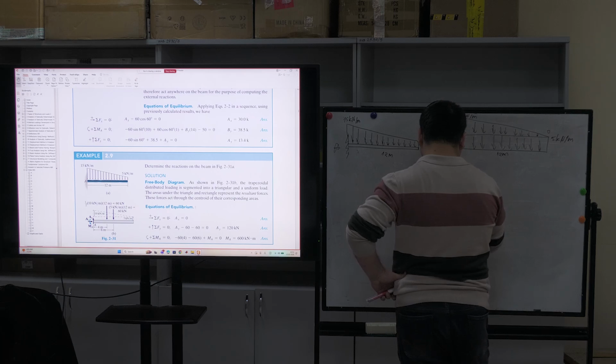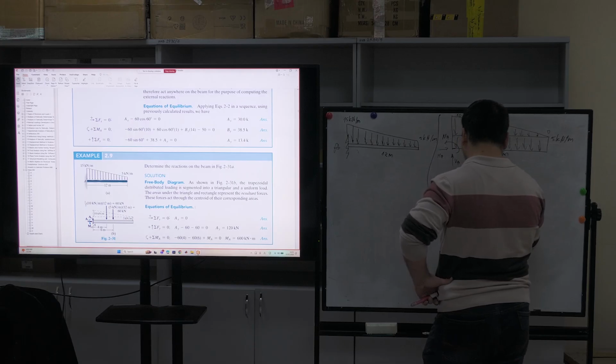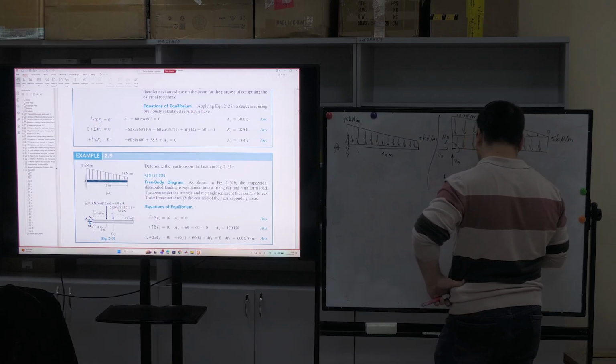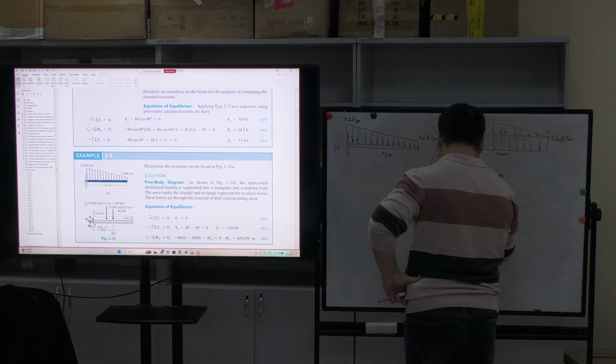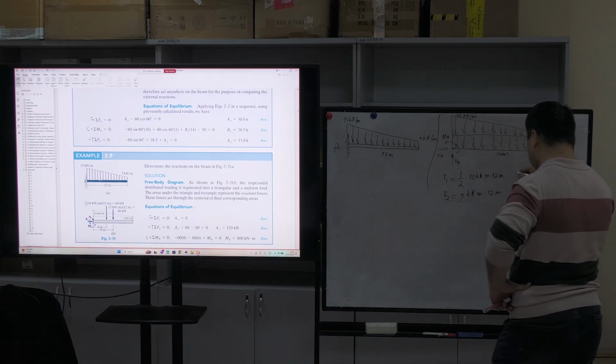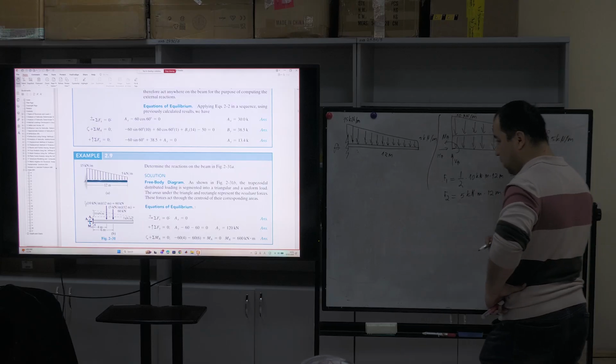F1 is equal to 1/2 product 10 kilonewton per meter product 12 meter. This is F1. F2 is equal to 5 kilonewton per meter product 12 meter. Okay? This is 60. This is also 60. Yes?